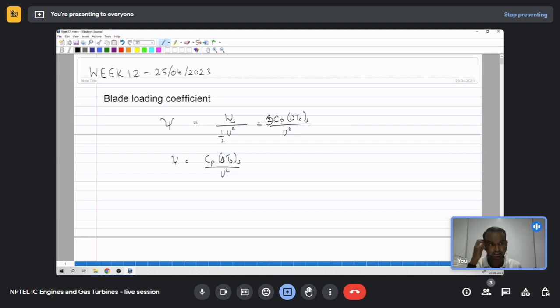So for both the axial and centrifugal compressors, some authors use this and some authors use this. I think in this course we are following this, as I saw in week 11 lecture 3 at around 27 minutes. You can see this.